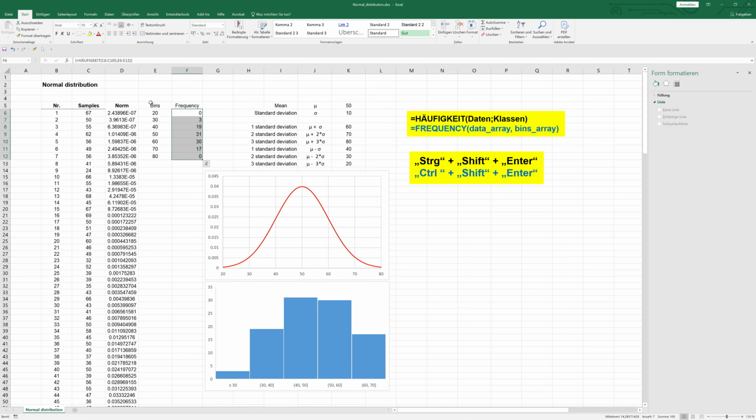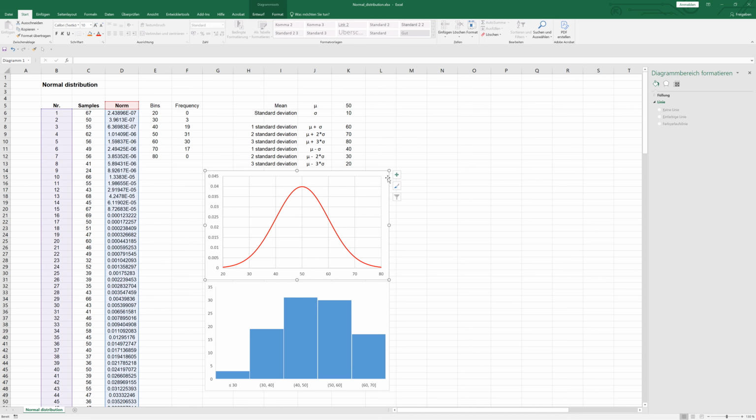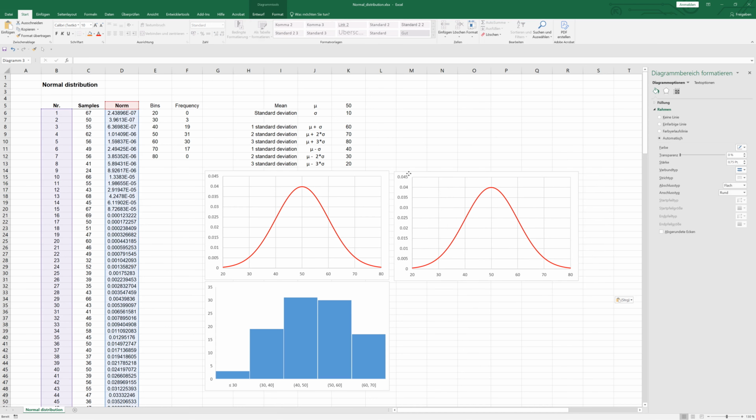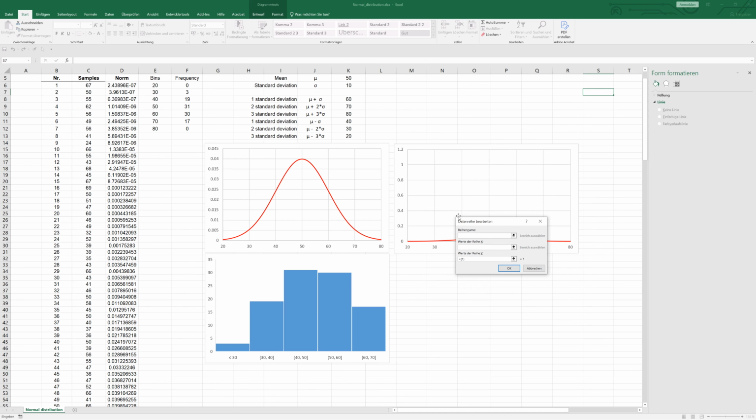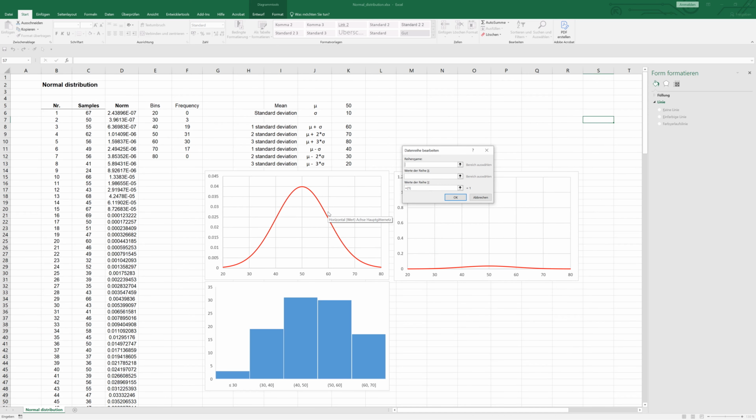Then Excel returns a vertical array of numbers. Now I duplicate the normal distribution diagram and add frequency: bins on the x-axis and frequency on the y-axis.